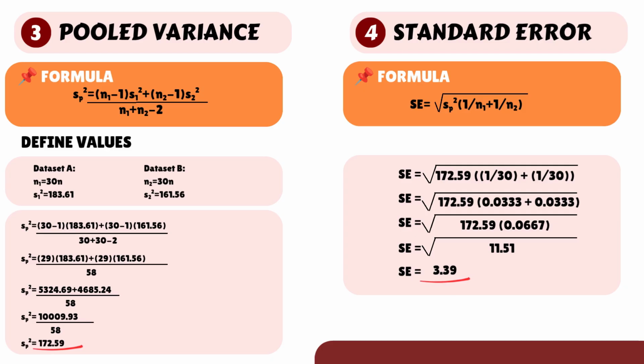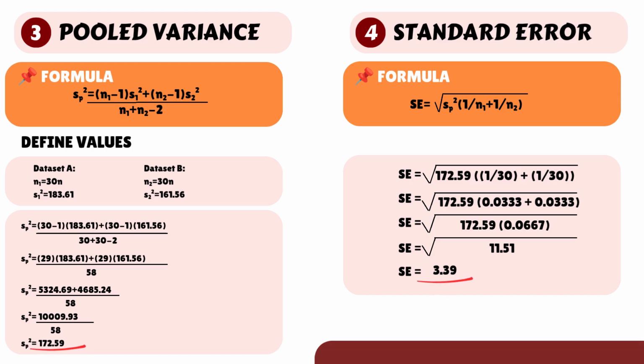Our next step is to calculate the pooled variance. This is because the question states that the population variances are equal, so we use the pooled variance formula here. Once we substitute all the values into the formula, we get the pooled variance, which is 172.59.